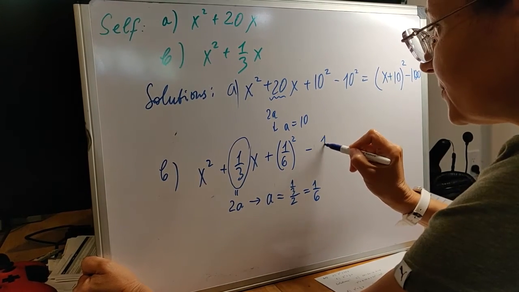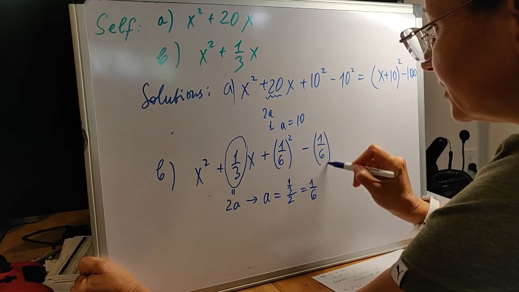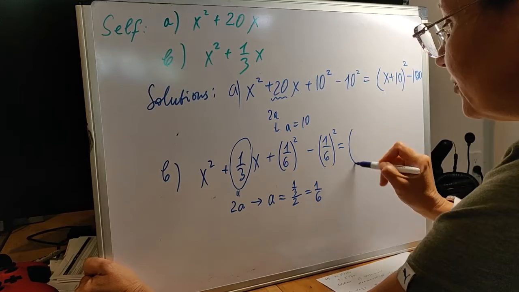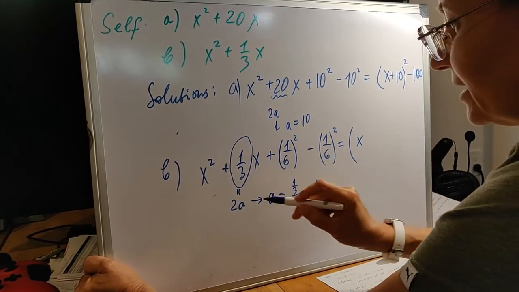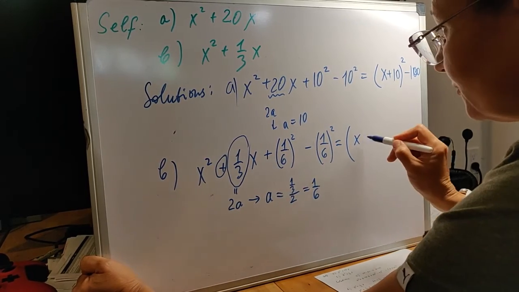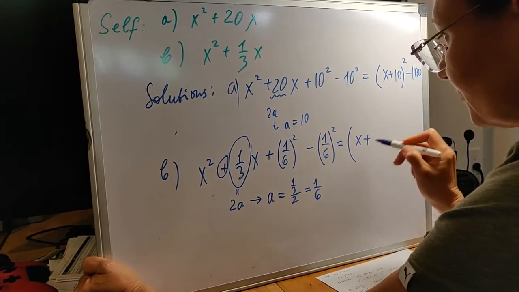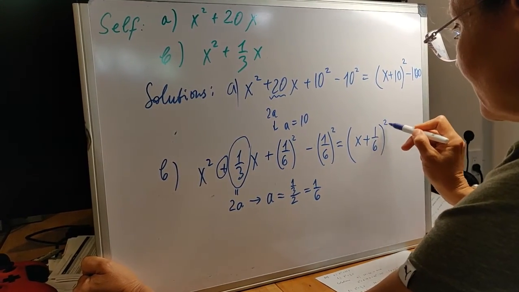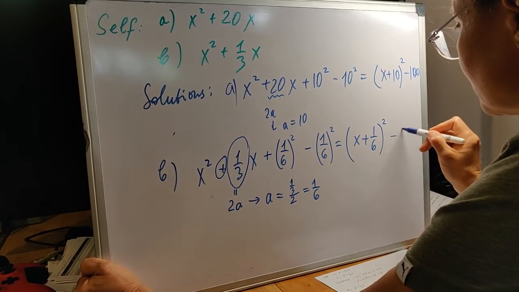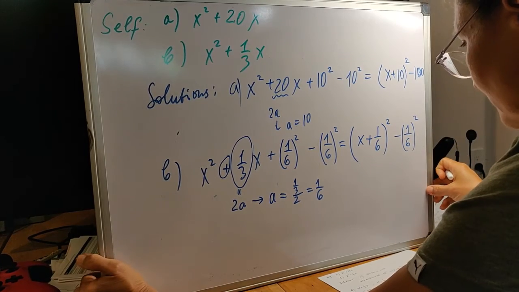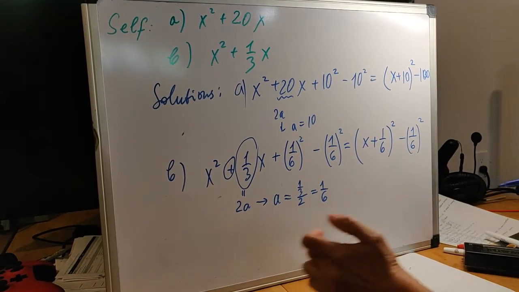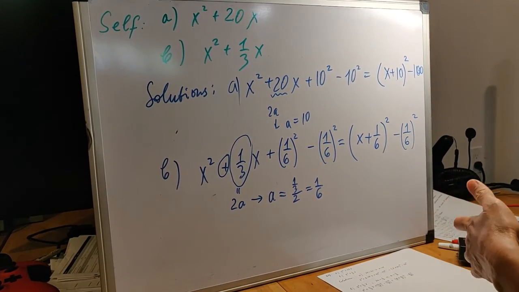And to not change the expression, I have to subtract it right away. Now, what is going to be my perfect square? These three terms are making a perfect square: x, and you're supposed to add, since you have plus here, a, which is 1 over 6. And subtract this extra term, squared. Okay, that's all.